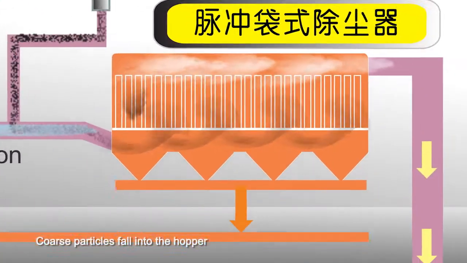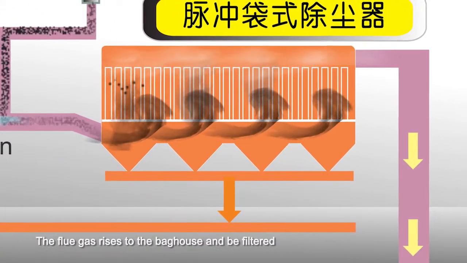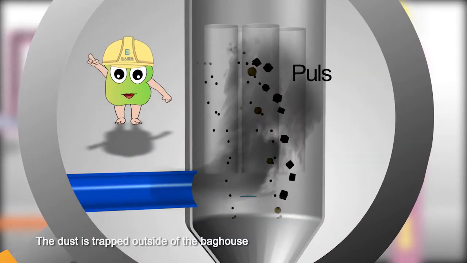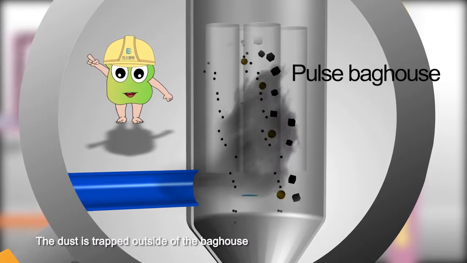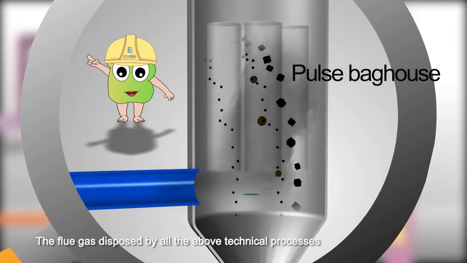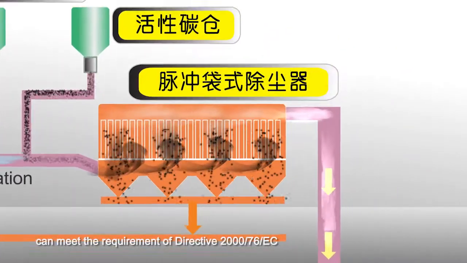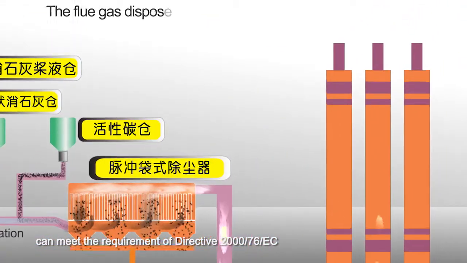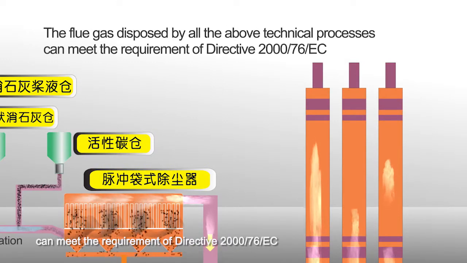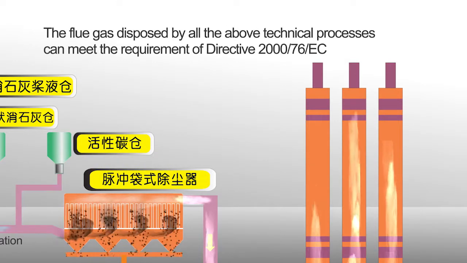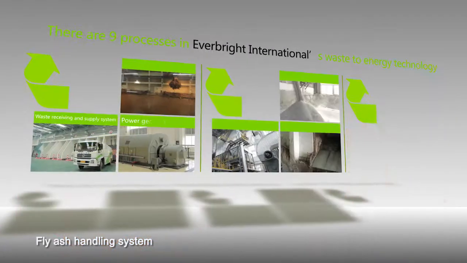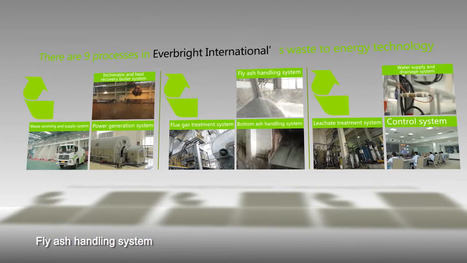Coarse particles fall into the hopper, the flue gas rises to the baghouse and is filtered. The dust is trapped outside of the baghouse. The flue gas disposed by all the above technical processes can meet the requirement of Directive 2000/76/EC. 5. Fly ash handling system.